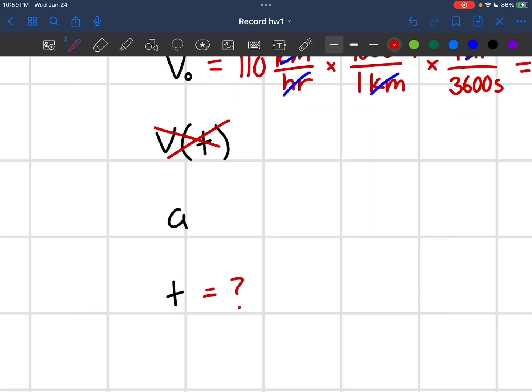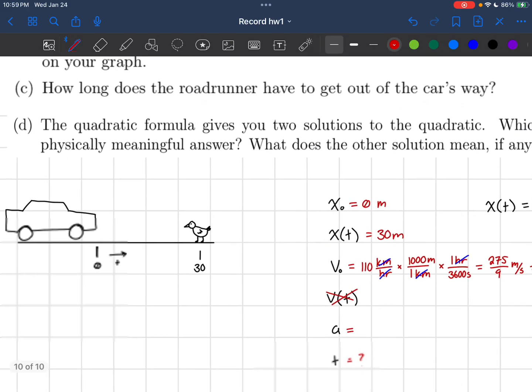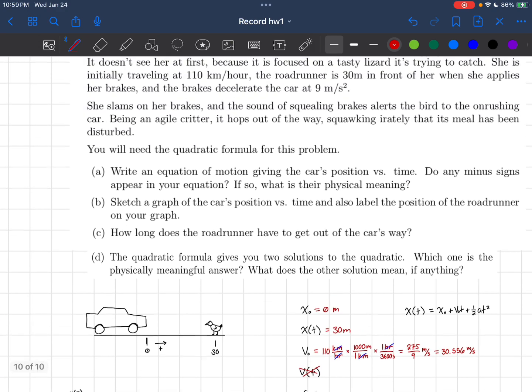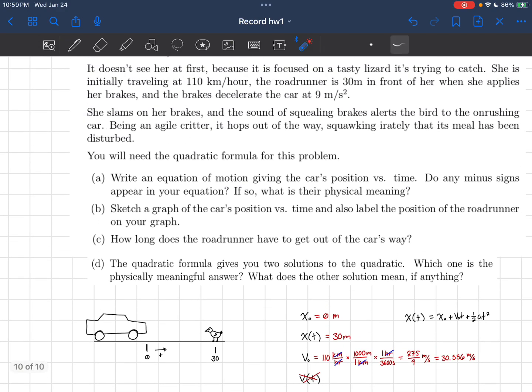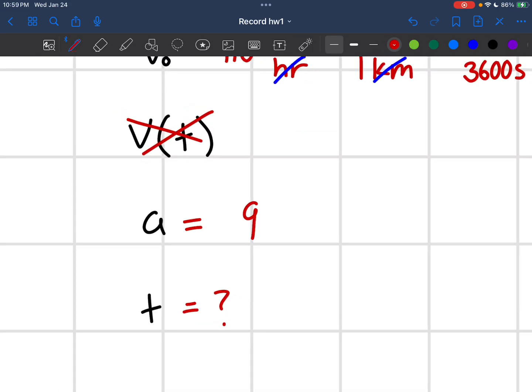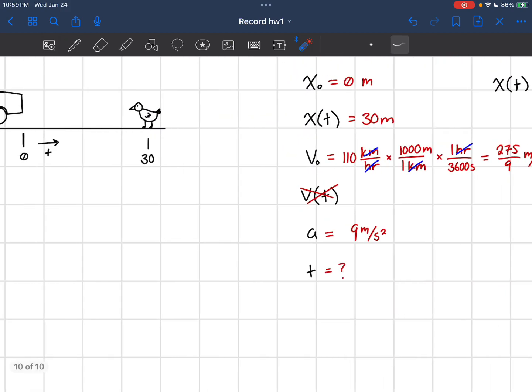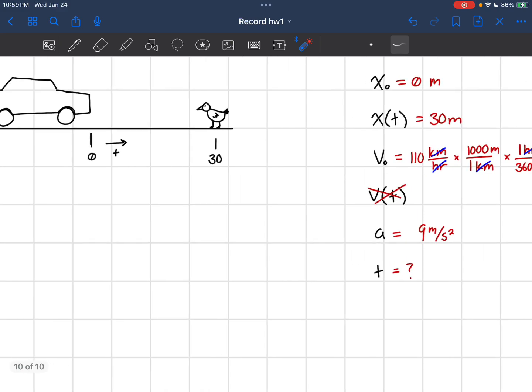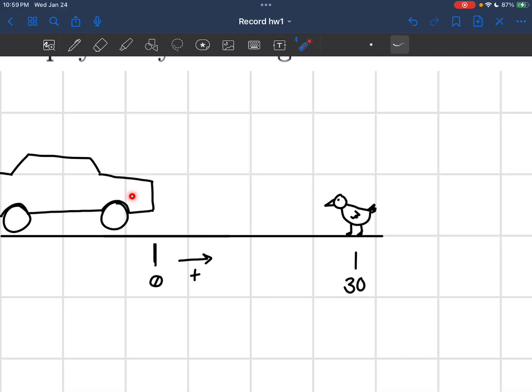So our last piece of the puzzle, because we don't care about that velocity, is our acceleration. So we have 9 meters per second squared as our magnitude of the acceleration. But we have to think carefully about our positives and negatives. I know the velocity of the car is initially going to the right, and I know that it's slowing down.